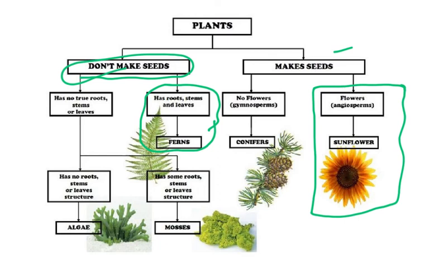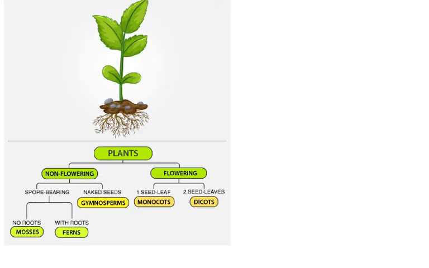So the ferns is the one that we have to study, and the flowering plants is the one that we have to study. Now in the flowering plants, you can see we have to study the monocots and the dicots. So monocotyledons and dicotyledons are the ones in which the seeds have one cotyledon or two cotyledons. Mono means one, di means two. And in the non-flowering, we have got to study the ferns.